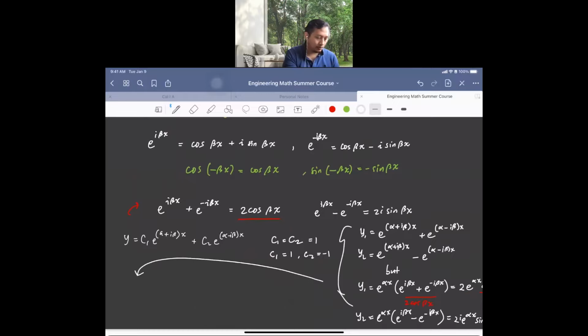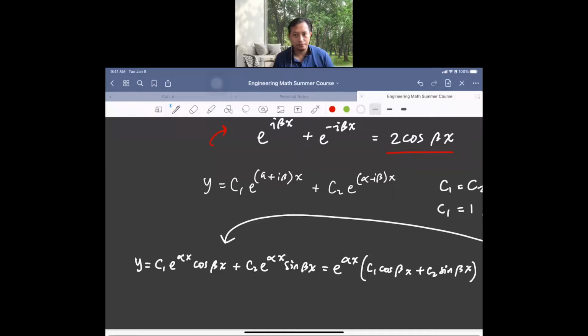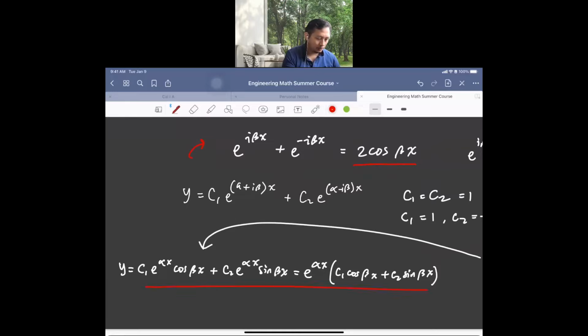And thus from here, giving you the solution, that is C1 e to the alpha x cosine beta x plus C2 e to the alpha x sine beta x, which is equal to e to the alpha x times (C1 cosine beta x plus C2 sine beta x). So this will be the general solution.